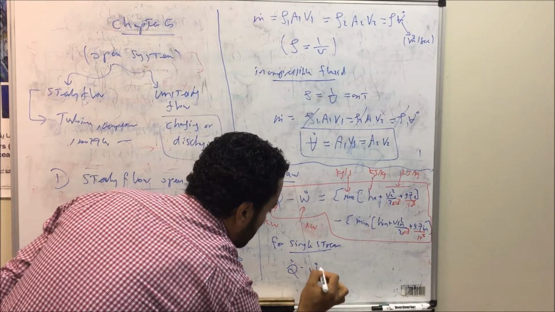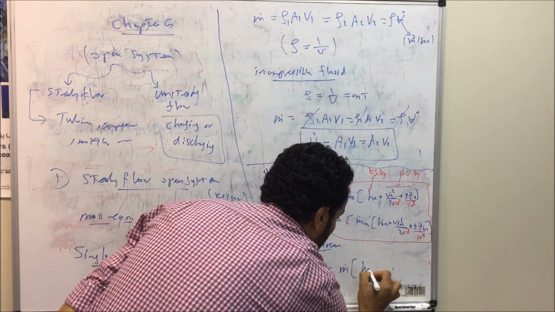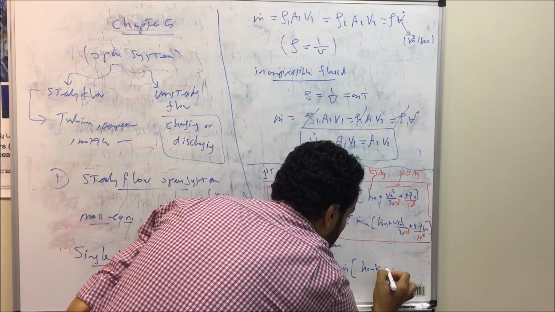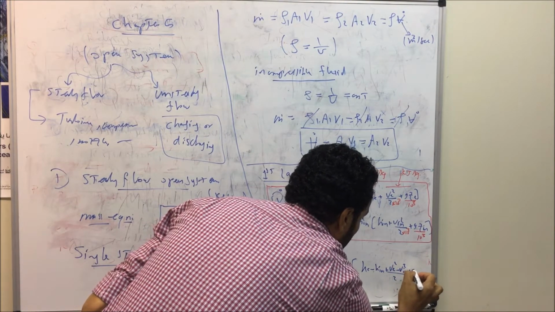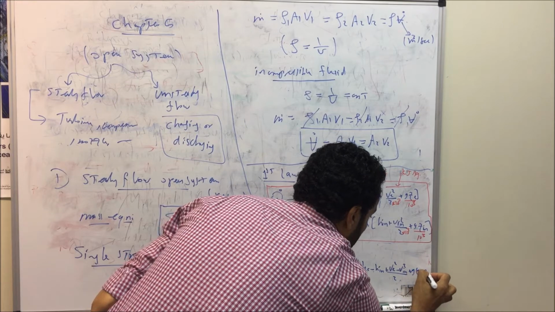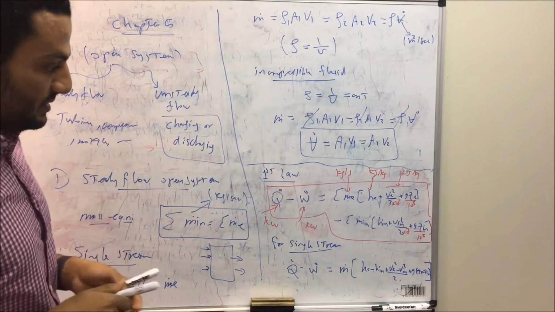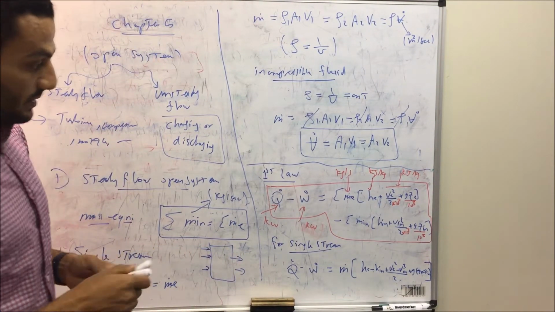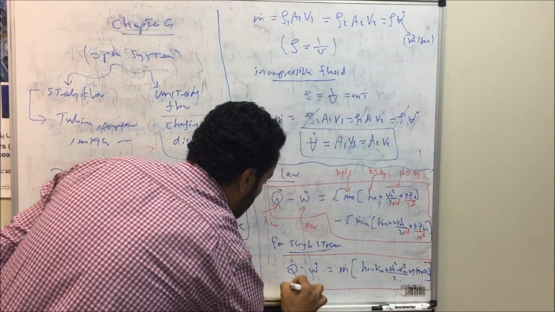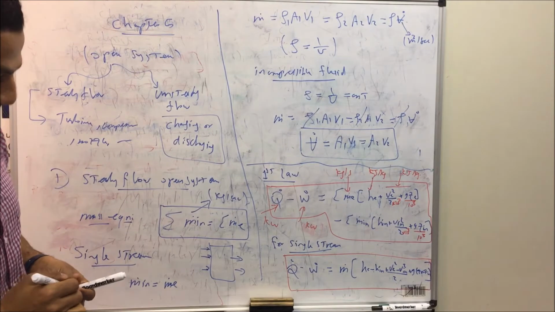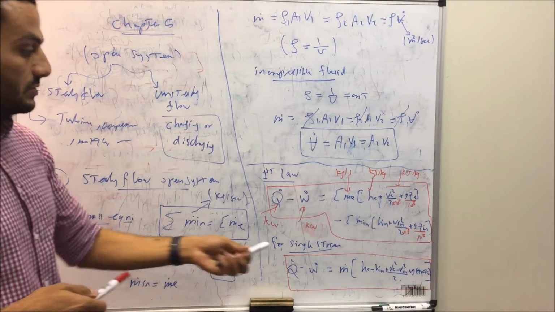So the first law will be Q dot minus W dot equal to m dot multiplied by h exit minus h inlet plus V exit squared minus V inlet squared divided by 2 plus g multiplied by z exit minus z inlet. And this is the equation for a single stream steady flow open system, like the case of a turbine or compressor.